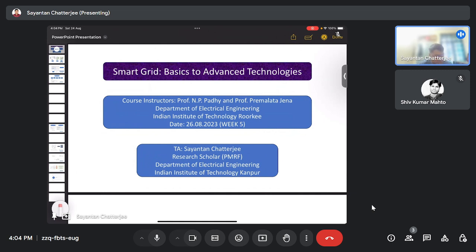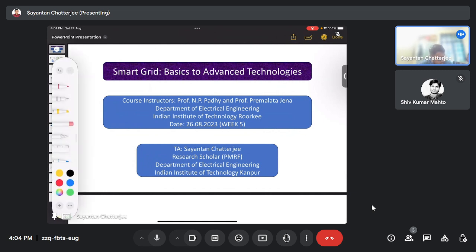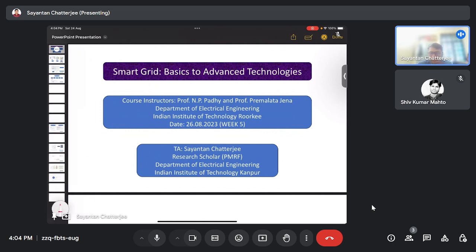So, till the last class, we have discussed mainly the parts that were part of the smart grids, mostly covering the monitoring section: the wide area monitoring systems, how they evolved, and with the development of the metering facilities, phasor estimation, and everything.